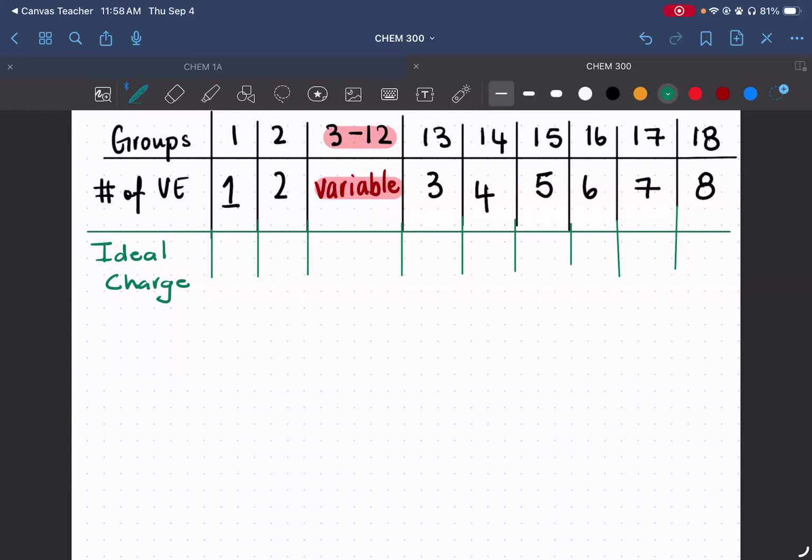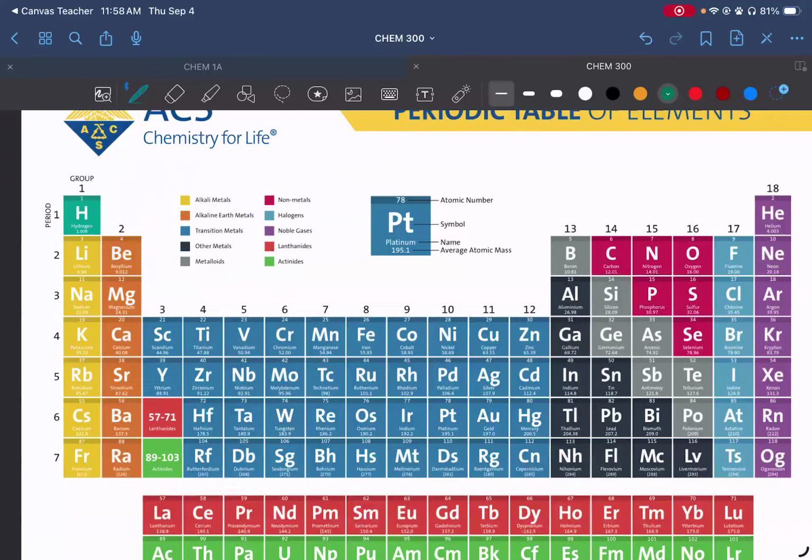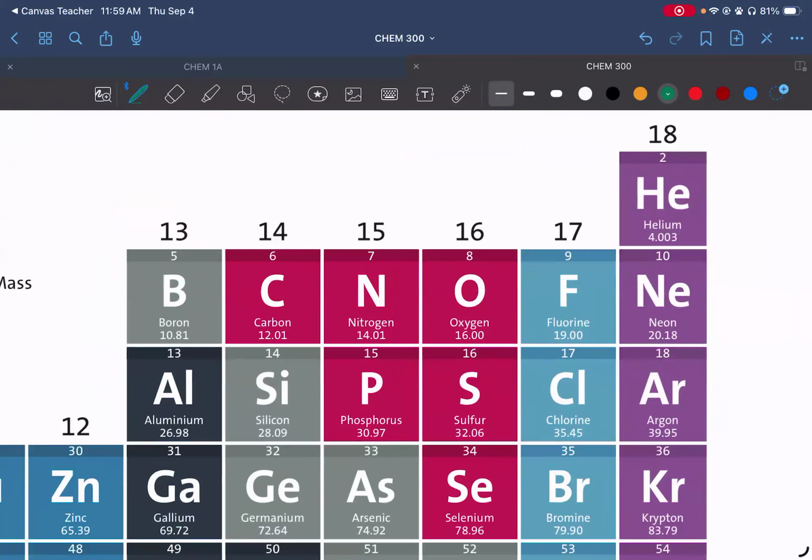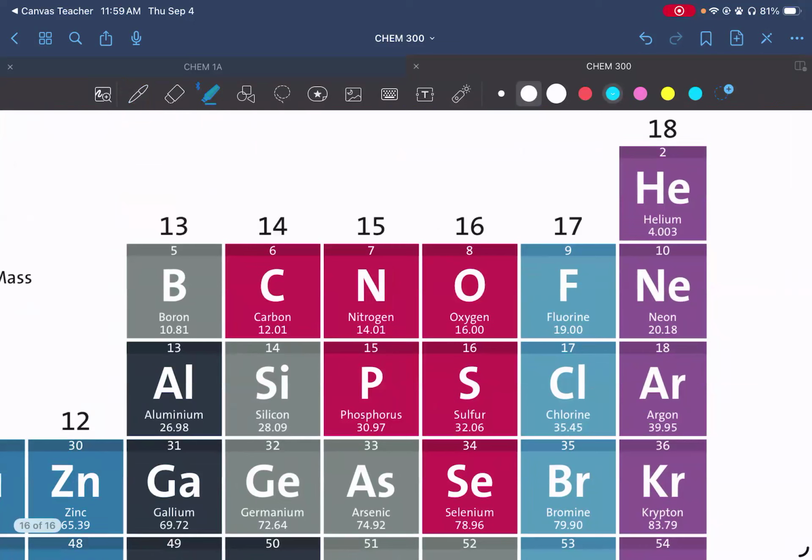Okay. To understand what their ideal charge will be, I'd like everyone to look at their periodic table. Right now, for the very first example, we are going to focus on oxygen. It's group 16. It's the very first element. Now, oxygen, as written, has 6 valence electrons. How do we know it has 6 valence electrons? It's in group 16.